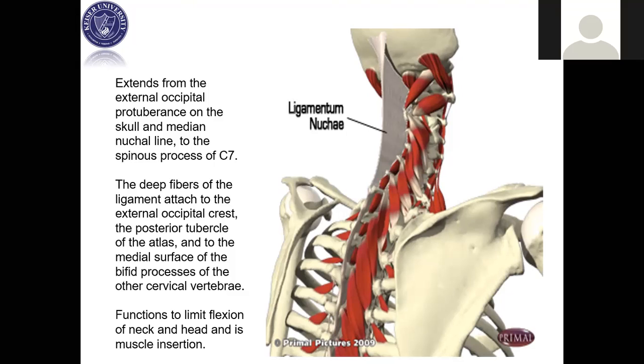So again, the important part of this structure is what's happening on the bottom of this PowerPoint. It functions to limit flexion of the neck and is a muscle insertion. That is what you're going to need to know about this because you're going to hear it. All right. Again, it's a very strong ligament. It's found basically from the occiput to the C7 area. So ligamentum nuchae.